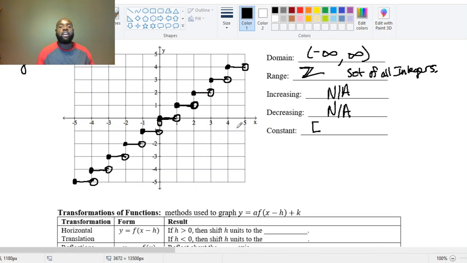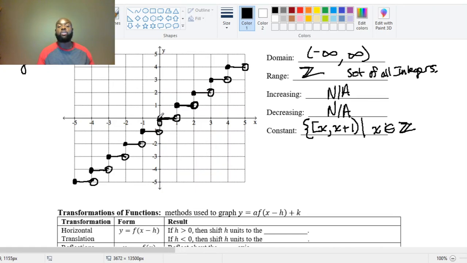I include the leftmost point, but I don't include the rightmost point. So it's the set of all intervals that look like this, such that x is an element of the integers. So for instance, it's constant between 0 and 1.